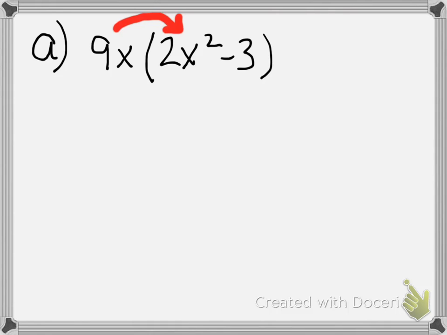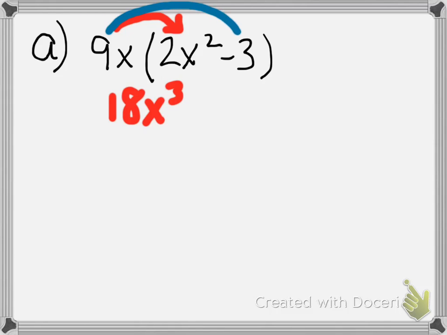So 9 times 2 is 18. And if I have 1x and I multiply it times x squared, now I have 3 of them. So I have 18x cubed. And then 9x times the minus 3, so I have negative 27x.